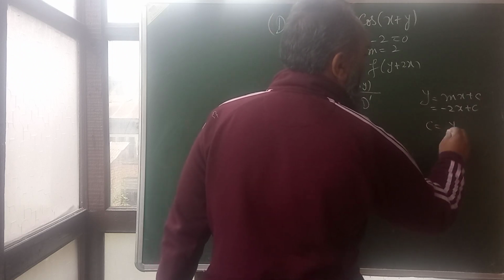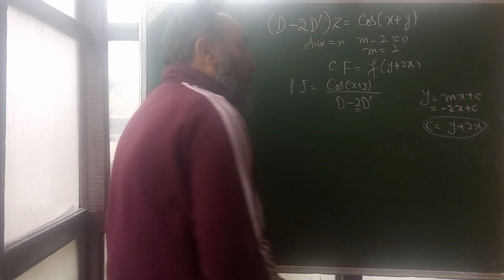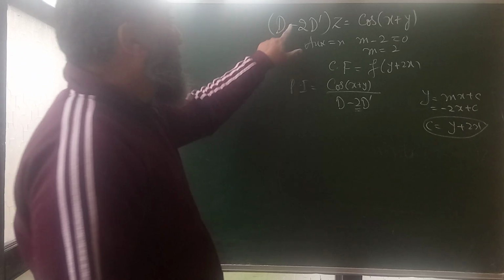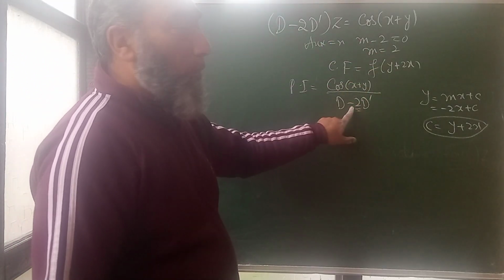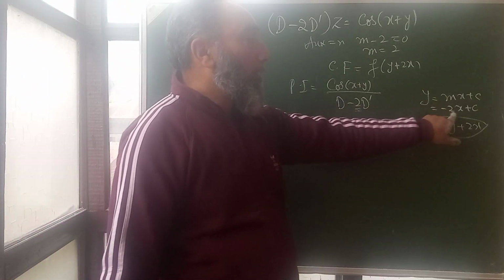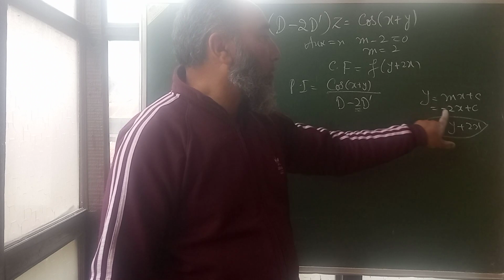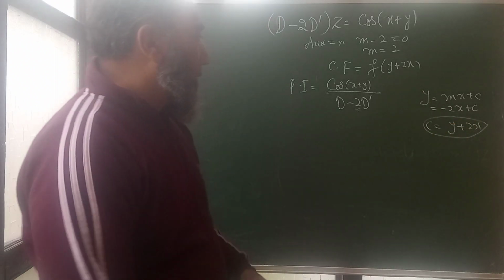Your c will be y plus 2x. I have to use it later, but I have to replace y by mx plus c. Your m is minus 2. See, if it is plus 2, it will be minus 2 over here, and it will be plus 2 over here. So I have to write y equal to mx plus c, that is minus 2x plus c. Accordingly, c will be y plus 2x.